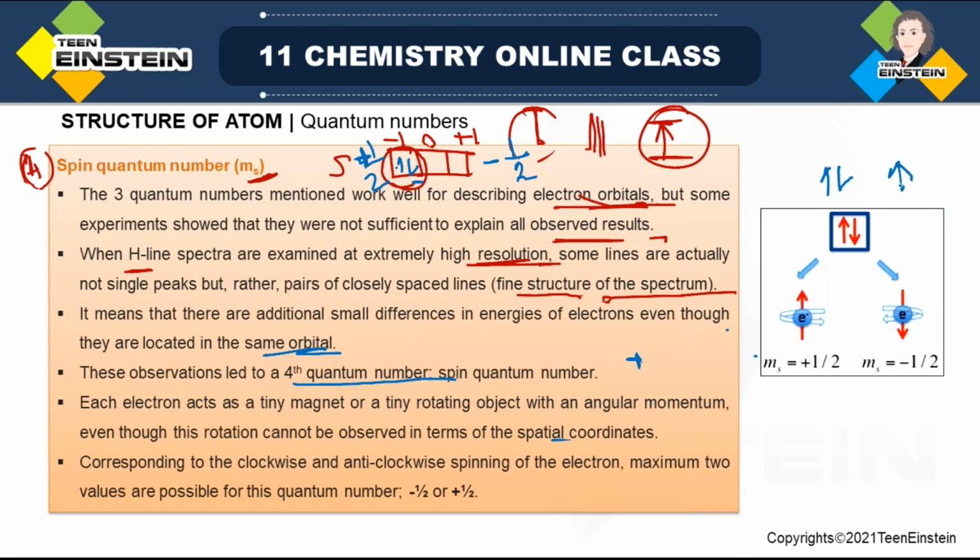One will be treated as ms value +half, and the other one, downward, will be treated as -half. So whether it is clockwise or anti-clockwise, based on that 2 values are possible. One is denoted by an upper arrow, another one by a downward arrow. So this is all about spin quantum number. We are not getting it directly from the Schrodinger equation. It is obtained differently. Fine.